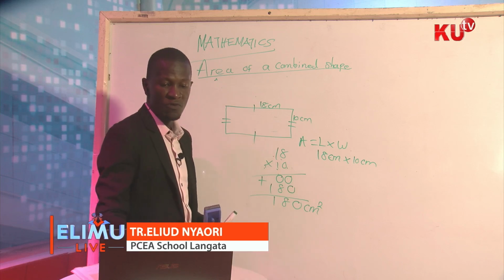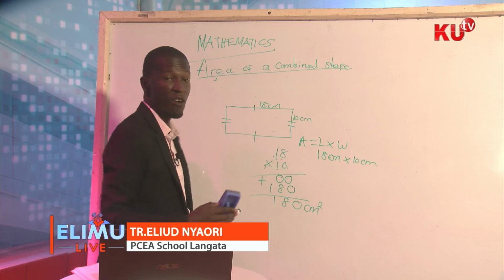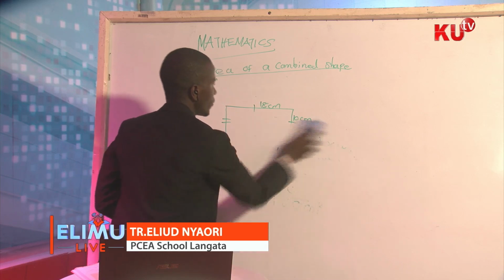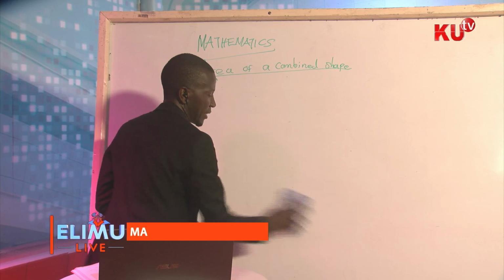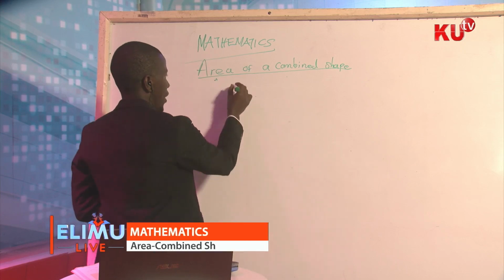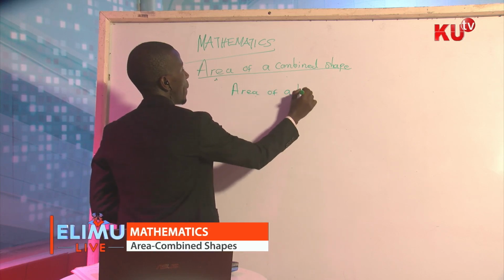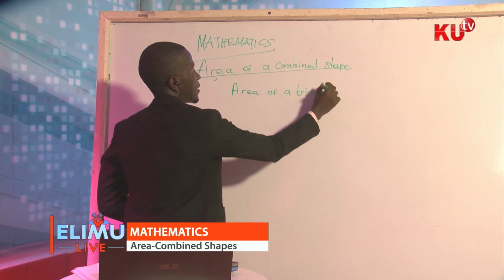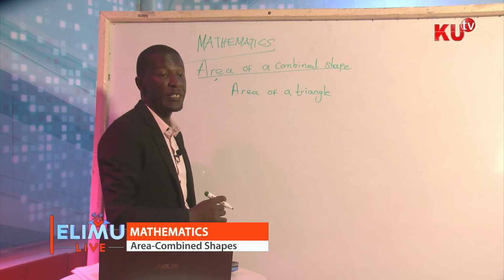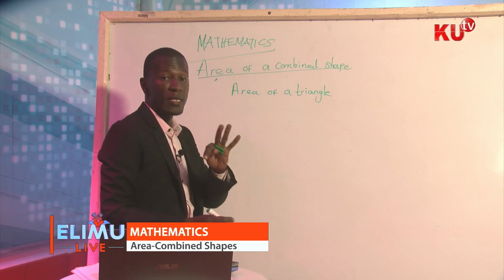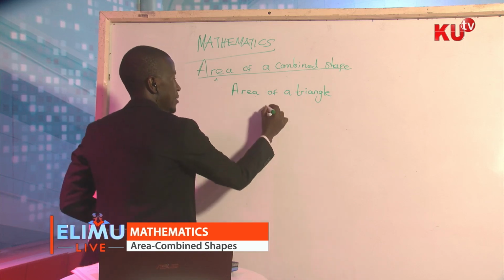We are going to move to something else, area of a triangle. There is something you need to understand about a triangle. Triangle has got 3 sides.